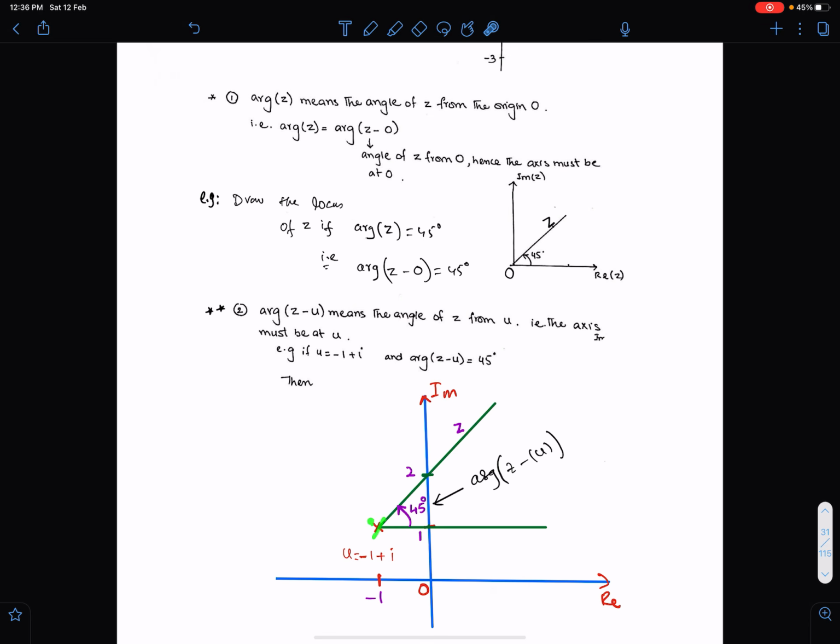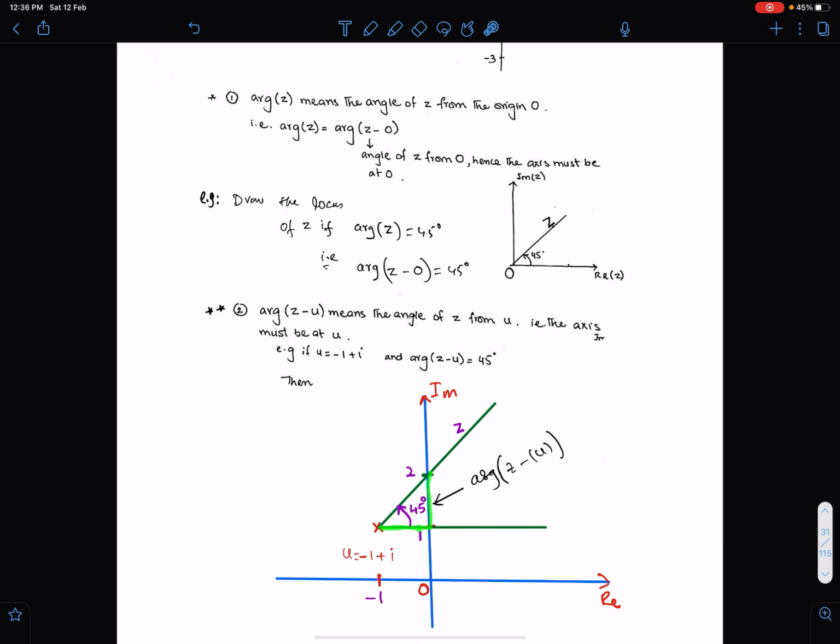This is u. Minus 1 means 1 unit left from origin, and 1i means 1 unit up. So this is u. Now make 45 degrees from u. First draw a horizontal line and then 45. And how to draw 45? To draw 45, you have to go same units to the right and same units up.